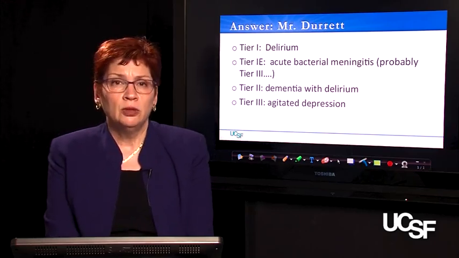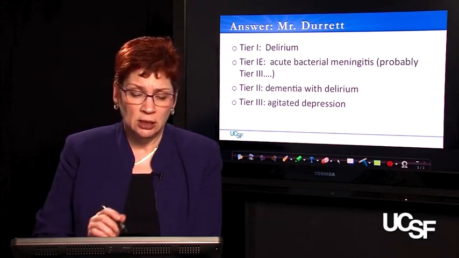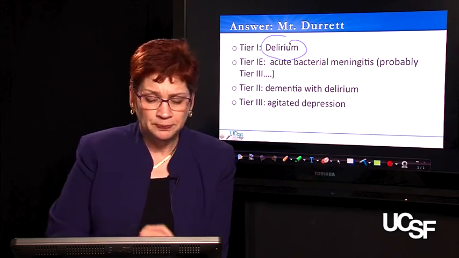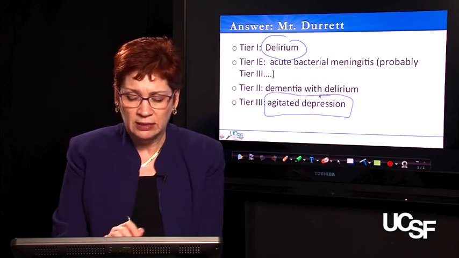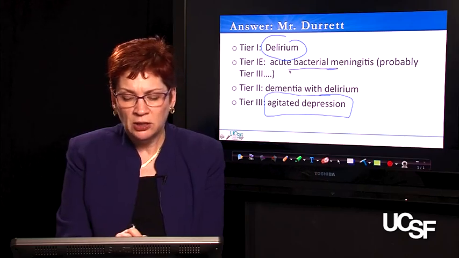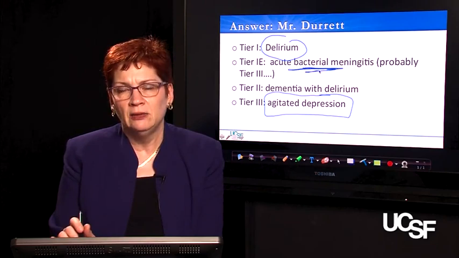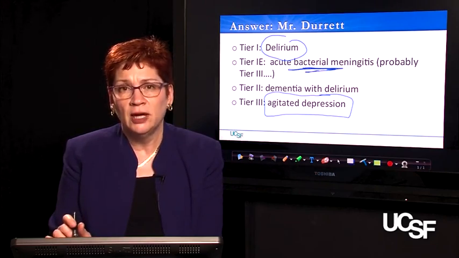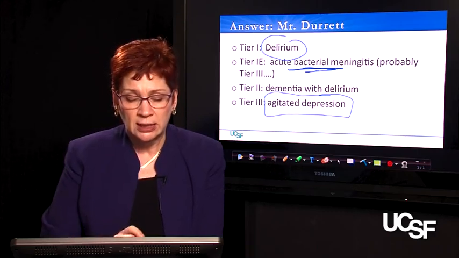So if I was going to prioritize the differential diagnosis for Mr. Durrett, I'd say that Tier 1 is likely to be delirium. Tier 3, the agitated depression, because he doesn't even really seem depressed, he's just anxious. Tier 1E might be acute bacterial meningitis. I might consider that, although honestly, given the absence of other findings related to meningitis, I think the true tier for bacterial meningitis is a Tier 3.